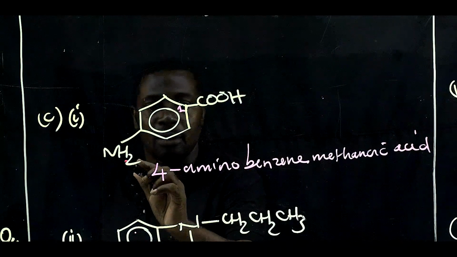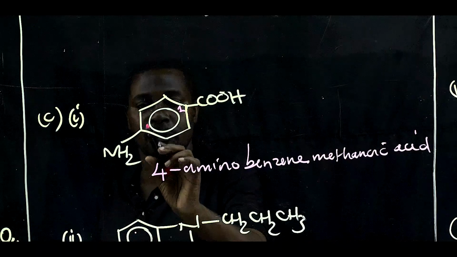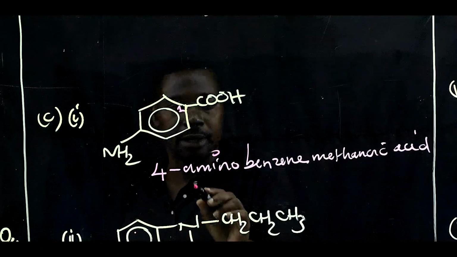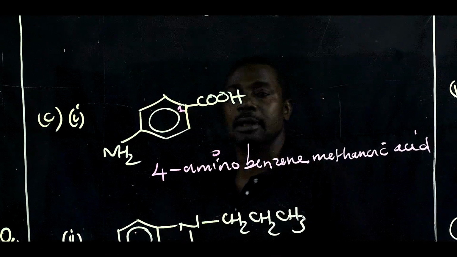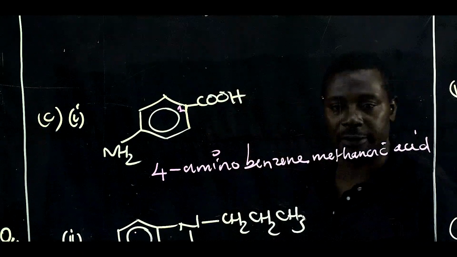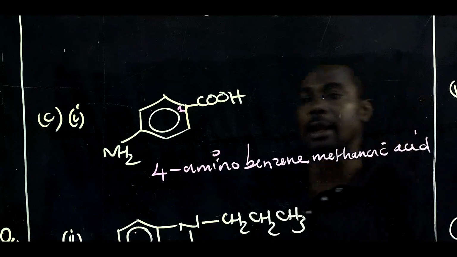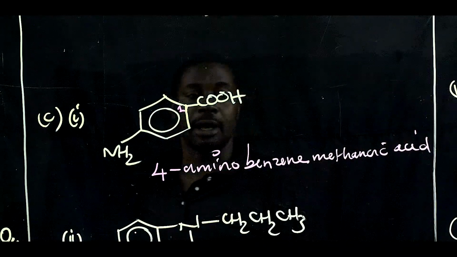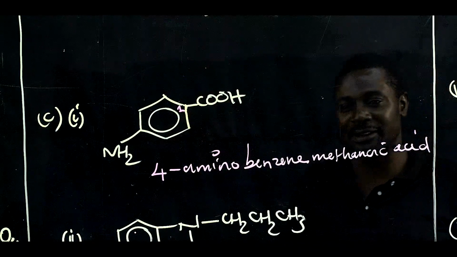So amino is a substituent group of low preference, and should be written before naming benzene, and the carboxylic is a substituent group of high preference, and should be written after naming benzene.